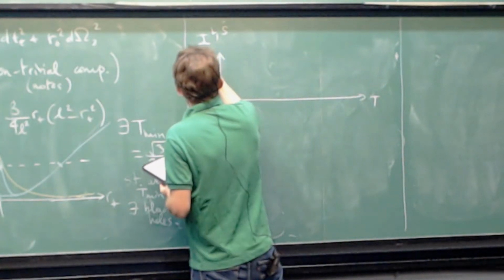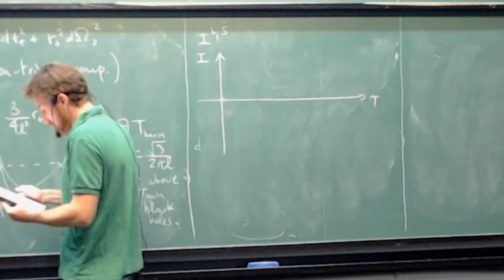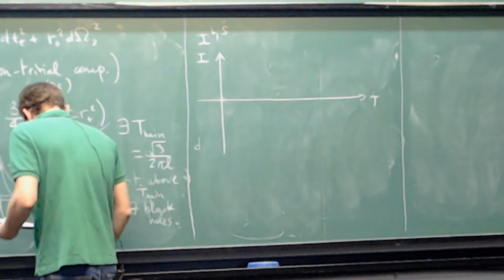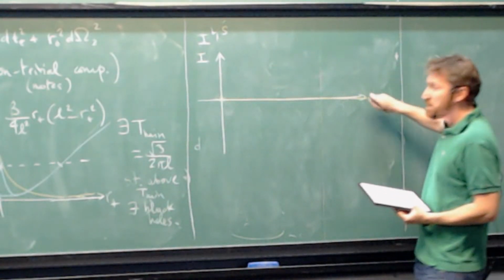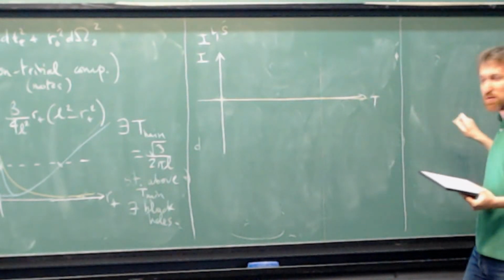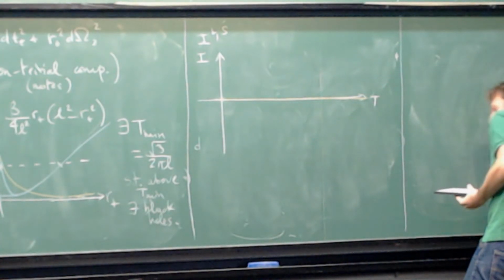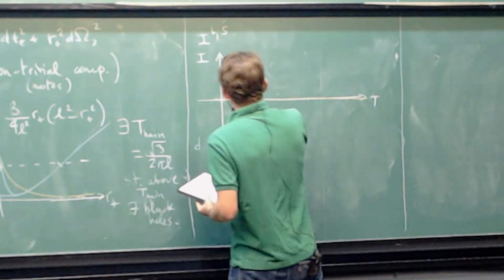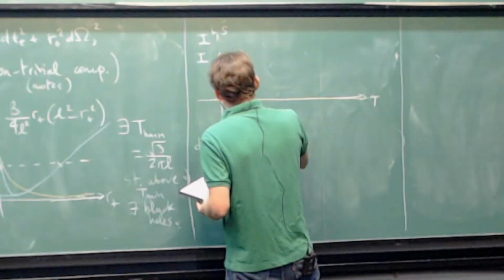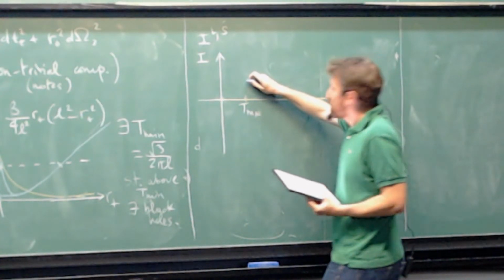is this. This is a very famous graph, justly so. You have the contribution of AdS, which is just action 0, and then you have the contribution of the other two saddles. There is a T min. Before T min, there are no black holes.